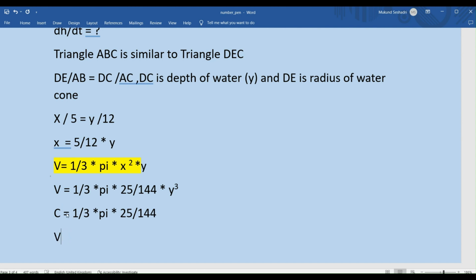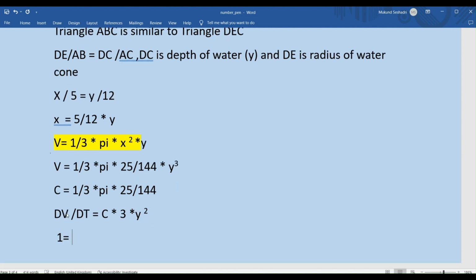Right, so dv by dt equals c into d by dt of y cube, which is 3y square into dy by dt. So you've got 10 equals c, let it remain at c for the moment, into 3y square into dy by dt.